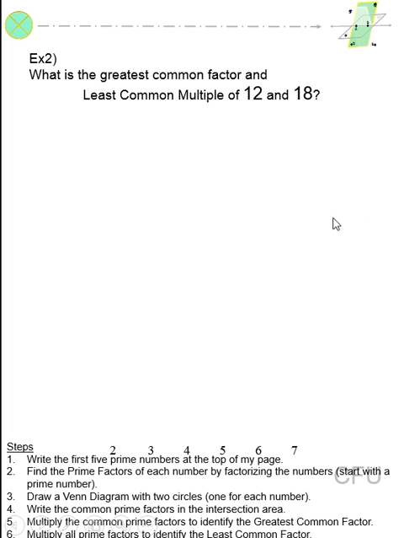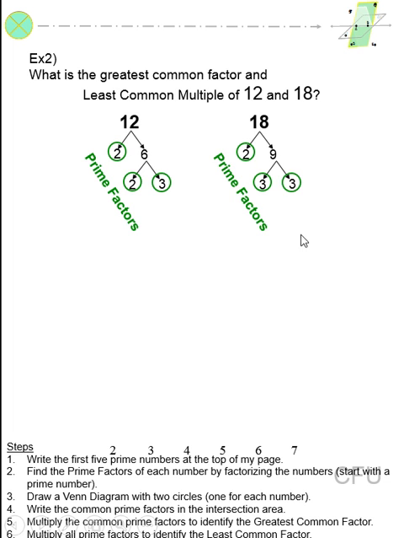Okay, so first thing you did, you wrote your first 5 primes. From there, you wrote your 12 on this side, 18 on that side. Found the prime factors of 12, 2 times 6, 2 times 3, or you started with a 3 times 4, that's fine. Same thing over here. So, got your Venn diagram going.